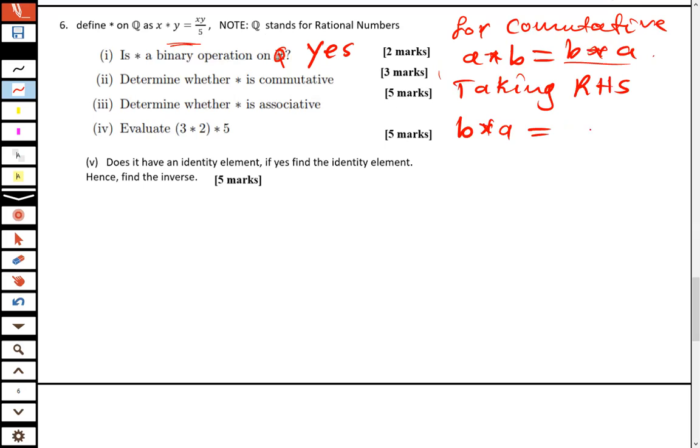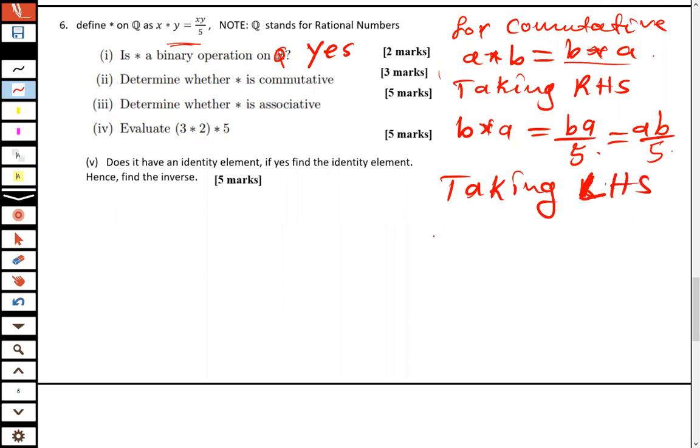So we say b times a over 5, which can also be written as a times b over 5. Now taking the left hand side, the left hand side is simply a star b.